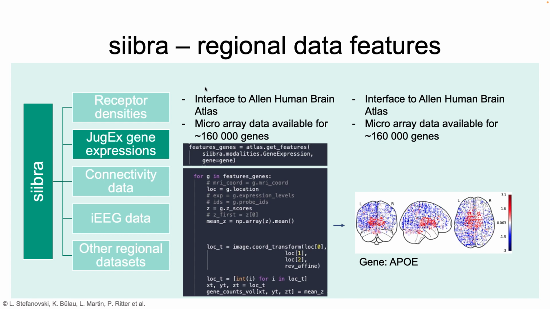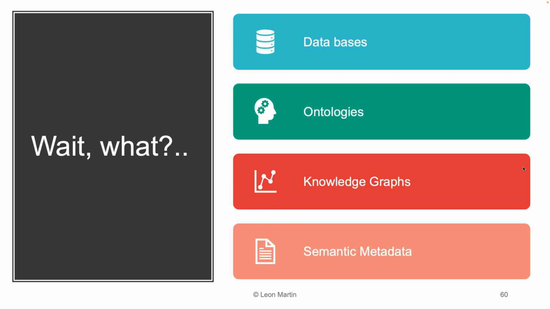So if you're interested in the hippocampus, then you can directly access through the semantic media layer all the datasets that are annotated with the semantic representation of the hippocampus, which is in turn annotated with geometric location in 3D space in the brain. Therefore, we can project the data onto different template spaces, for example, MNI space or the FS average brain, or we can retrieve it in those spaces.